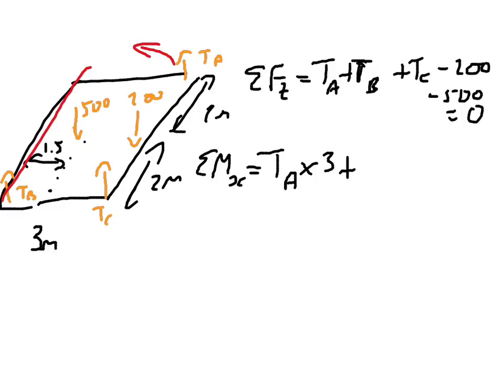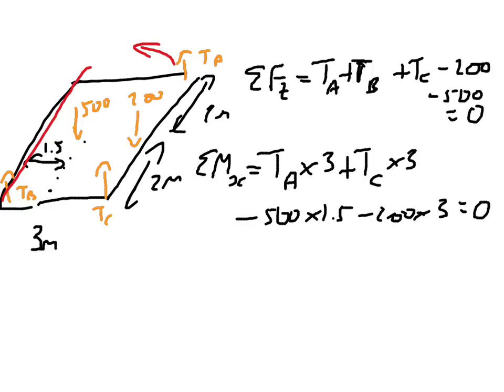We've got our tension at C, which is doing the same thing and acting 3 metres away. We've got 500 kilonewtons acting the opposite way, so it's minus 500, acting 1.5 metres away. And we've got minus 200 acting 3 metres away. We ignore TB because it's acting 0 metres away. All of those add together to equal 0.